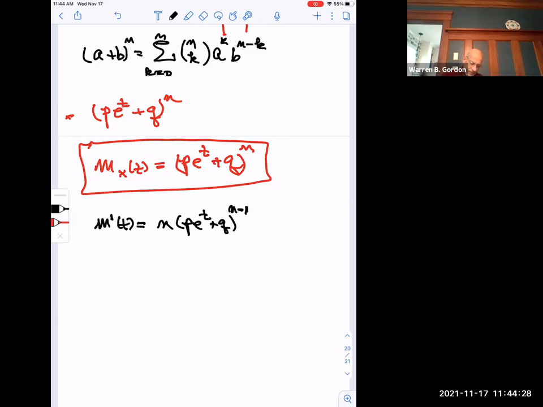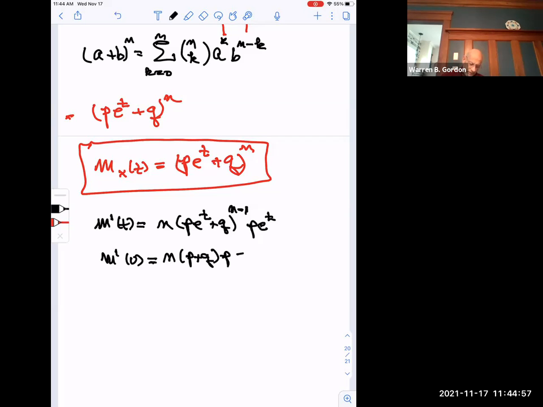Multiply times the derivative of the inside. And if I evaluate this at 0, when t is equal to 0, okay, and this gives me what?